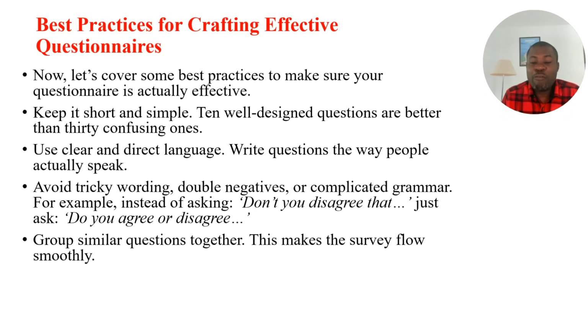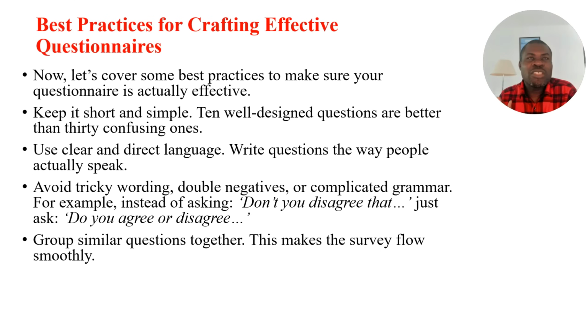This makes the survey flow smoothly. If I want to investigate students' learning engagement, and measure, for example, agentic engagement and behavioral engagement, I will create the questionnaire such that the item statements measuring agentic engagement are grouped together.